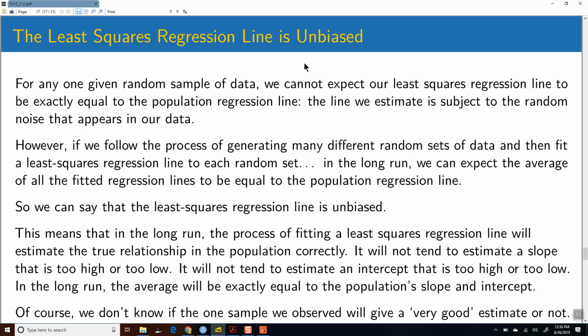In the long run, the average of all of those will be right. And that's what it means to be unbiased. Unbiased means that in the long run, all of the estimates will be right.